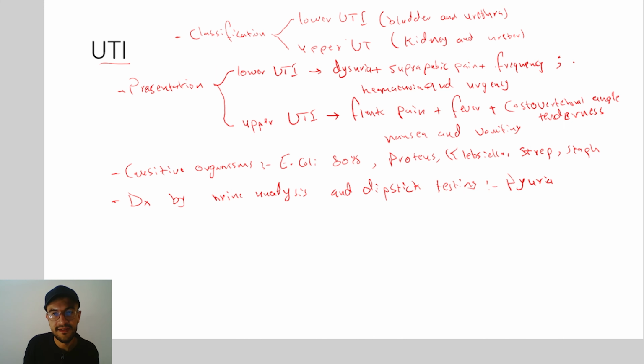Pyuria, if it is more than 5 in males, confirms the UTI infection, and if it's more than 8 in females, it would confirm the UTI. The RBC is less specific for UTI. Also, we have the nitrite and the leukocyte esterase. Those are specific, but they only occur with certain organisms. So if there is no nitrite or leukocyte esterase, it does not exclude the urinary tract infection.